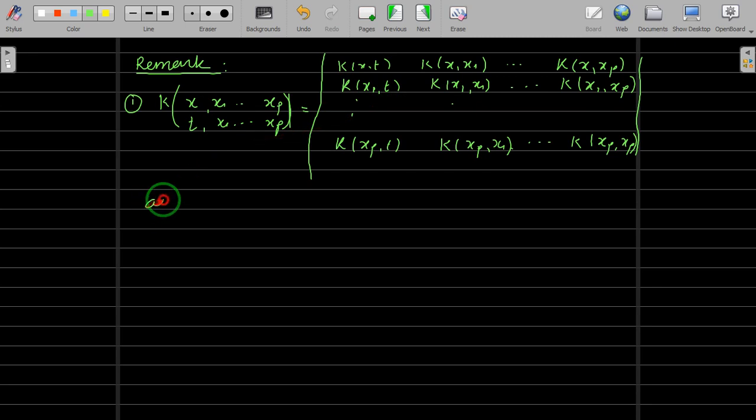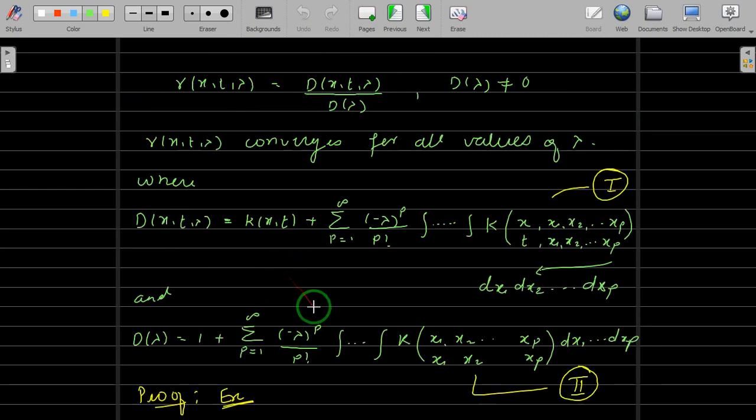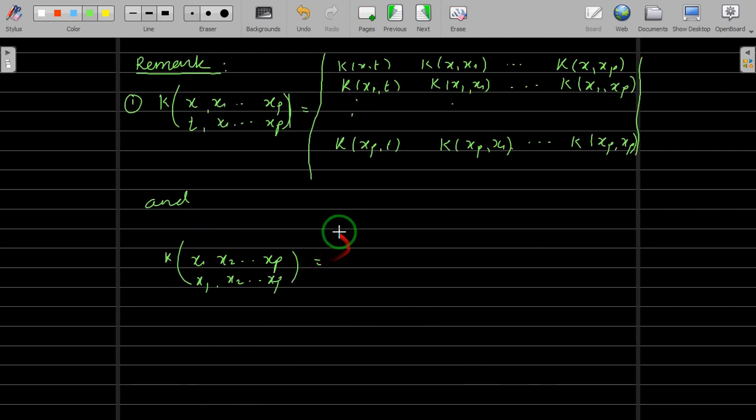And similarly your small k of x1, x2, ..., xp in this expression here in equation 2 is given by again a determinant, of order p, given by the same. You just don't take the first column here.